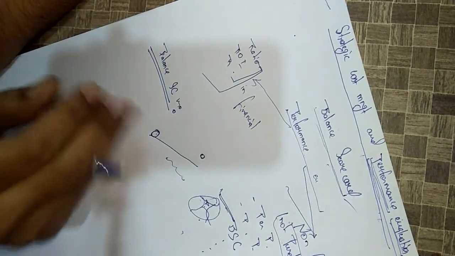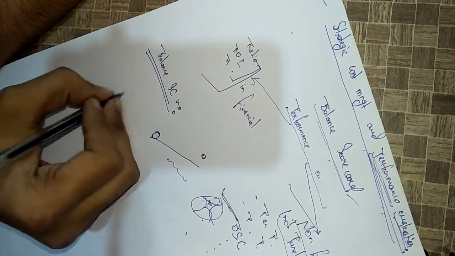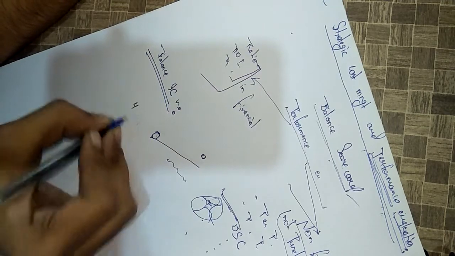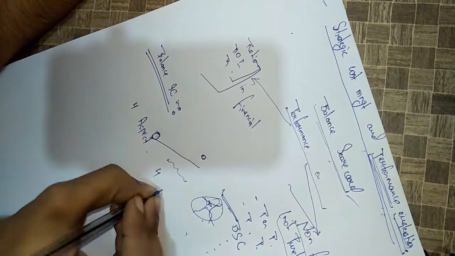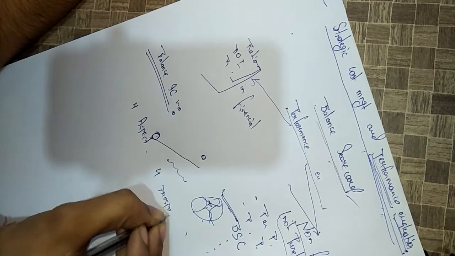So balanced scorecard basically comprises four aspects or four perspectives.